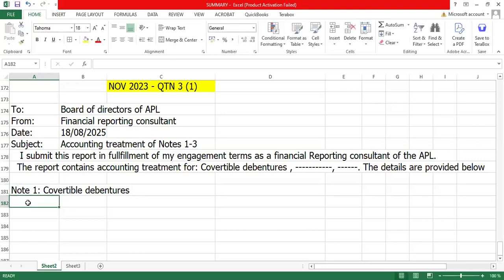So we can write and say that the convertible debentures are compound instruments.